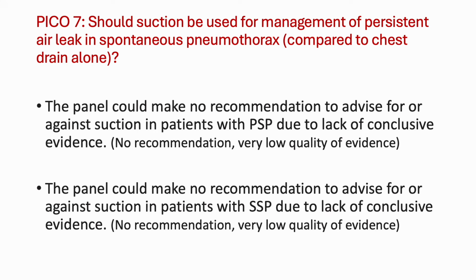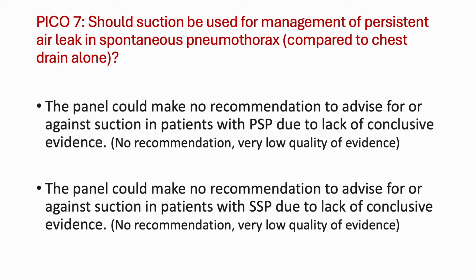Coming to the next question, which is about suction. So, should suction be used for managing persistent air leak? Again, if you talk about primary spontaneous pneumothorax, recommendations are not very clear to advise for or against, and the same is true for secondary spontaneous pneumothorax because they did not find enough RCTs which were eligible for inclusion.